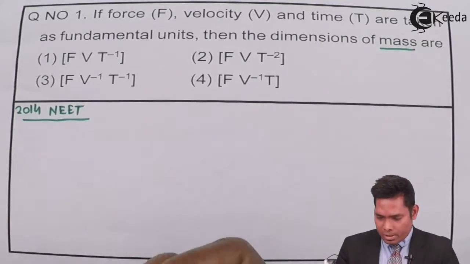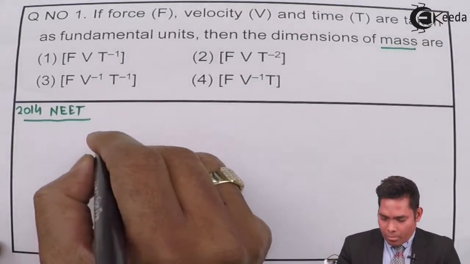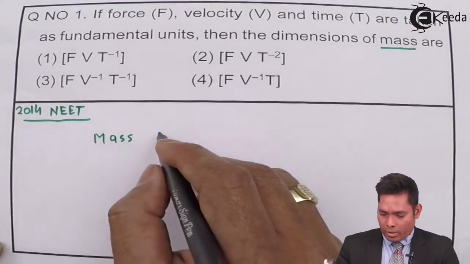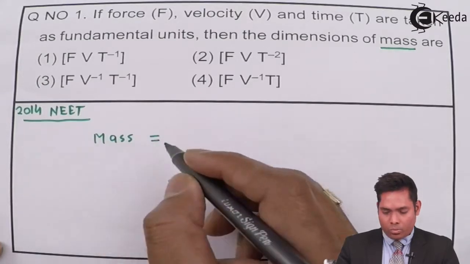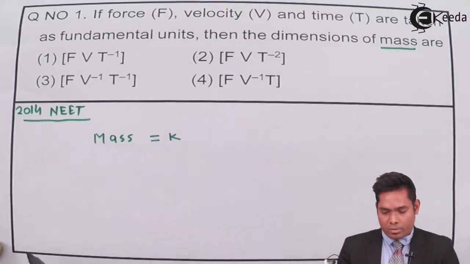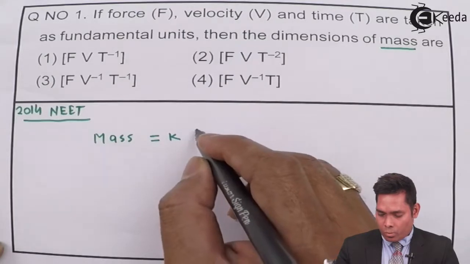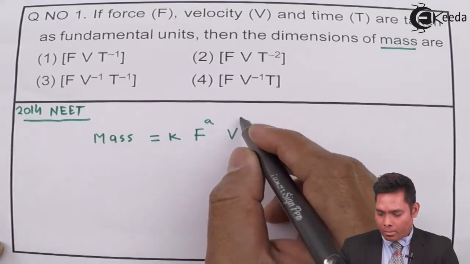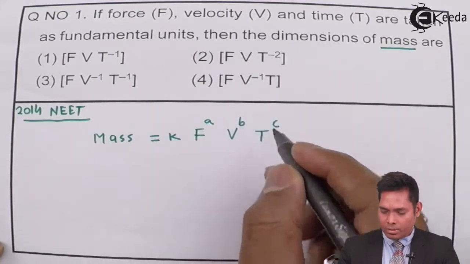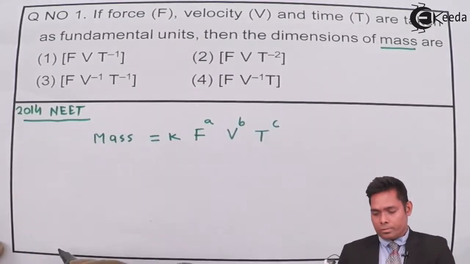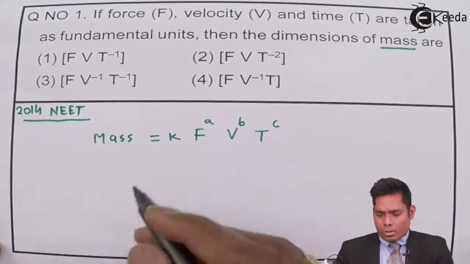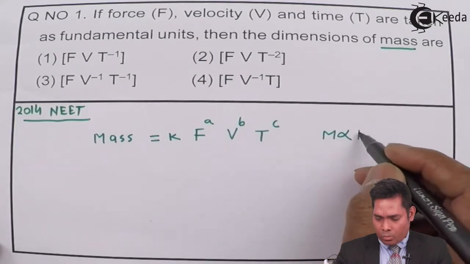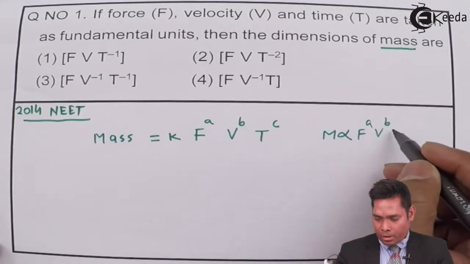What I want to say is, here mass is asked, and we write that mass is equal to some constant times force power A, V to the power B and T to the power C. This is your mass. This we write by this concept that mass is proportional to F power A, V power B and T power C.